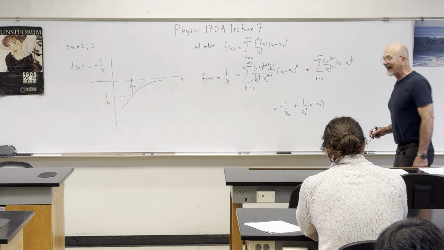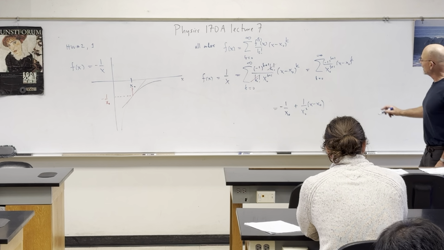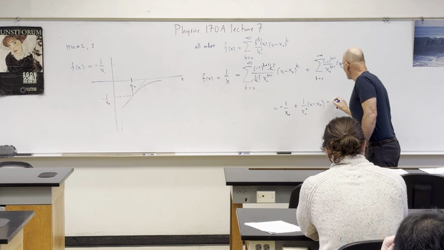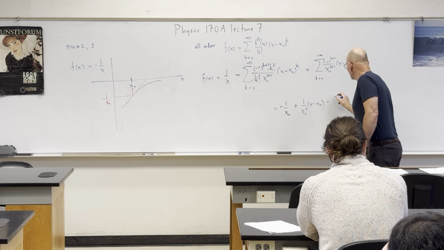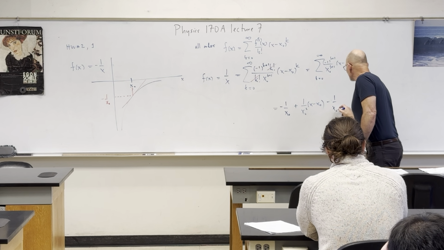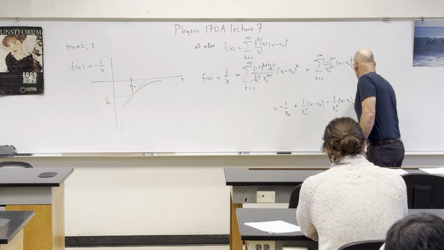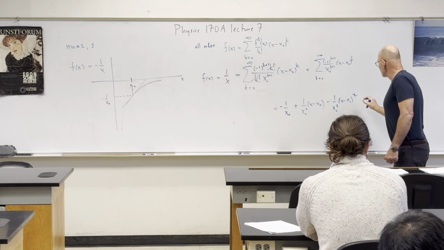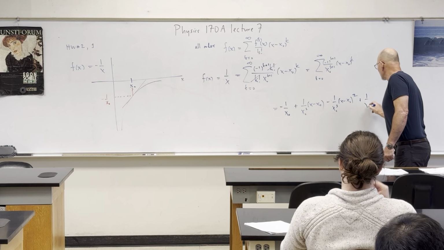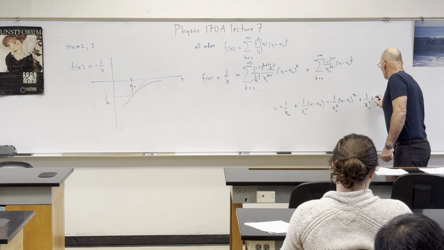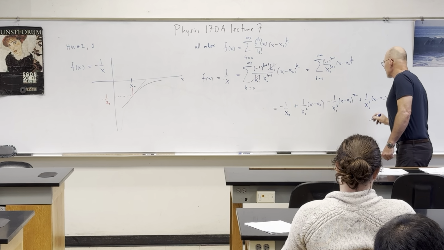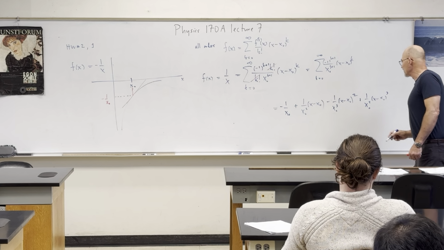So that's what we just had. And then what do we get for the next ones? It's going to be alternating: minus 1 over x naught cubed, times (x minus x naught) squared. Do one more: plus 1 over x naught to the 4th, times (x minus x naught) cubed, and so on.